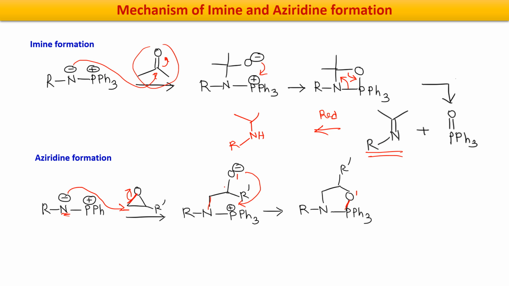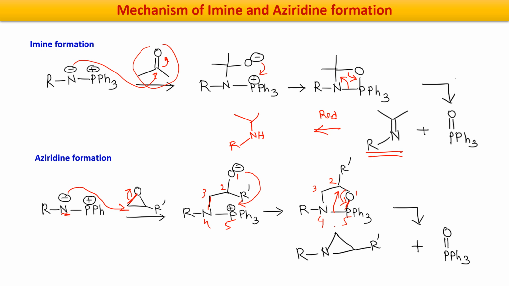So suppose I am putting here 1, 2, 3, 4, 5. So here 1 and 5 will be connected. This is 2, this is 3, this is 4. So if you put numbers, it will help you to understand the mechanism. And finally there will be O-P bond formation, and this N-P bond will be broken and 2-4 connection will be there.